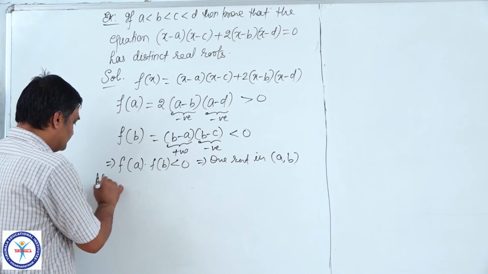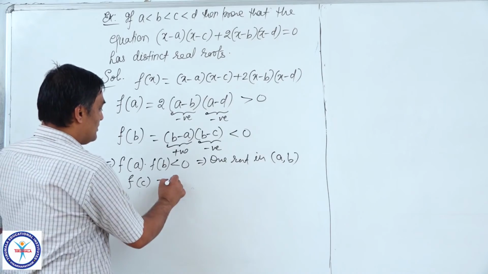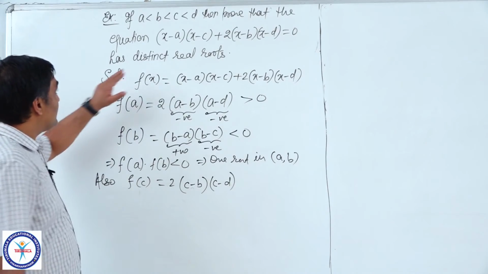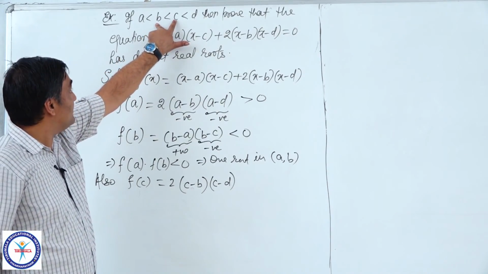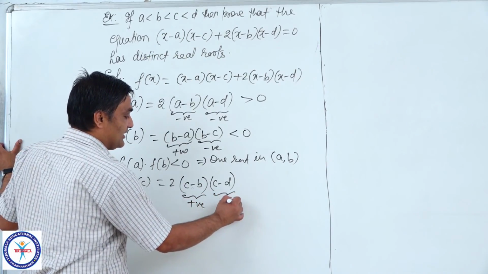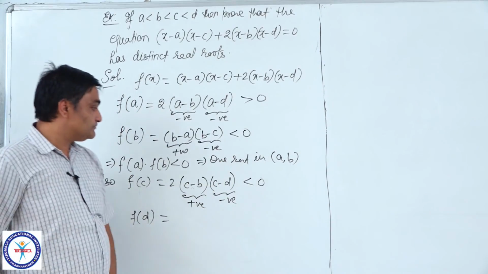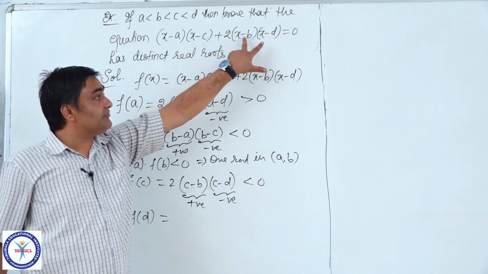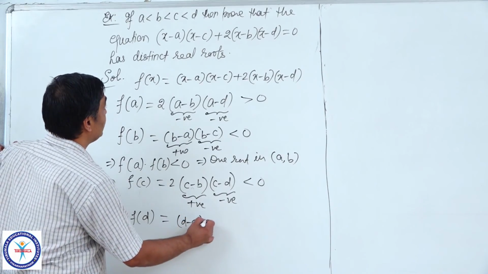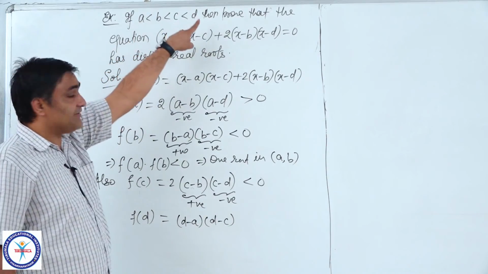Now, also, what is f of c? For f of c, this will be 0 plus 2 into (c minus b)(c minus d). What is c minus b? Positive. And c minus d? Negative. So the product is negative. And what is f of d? For f of d, this will be 0 plus (d minus a)(d minus c). What is d minus a?